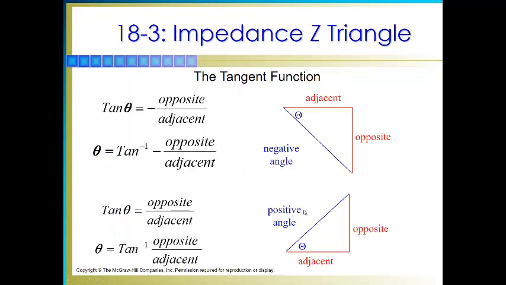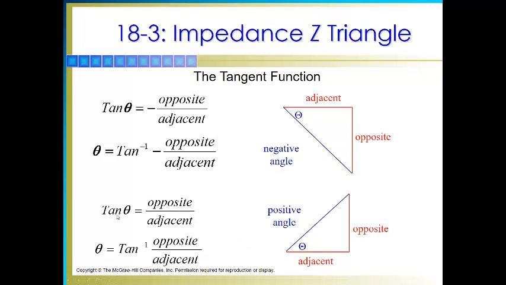Now, if we're taking this as a reference and this is leading, as you can see, this angle right here will go this way, so it's a positive angle. This one goes this way, it is a negative angle. If I'm taking this as a reference, now it goes up like this, counterclockwise, so it's a positive angle.